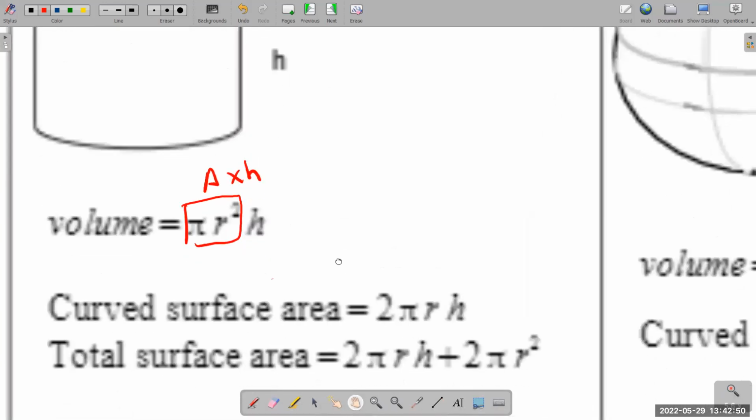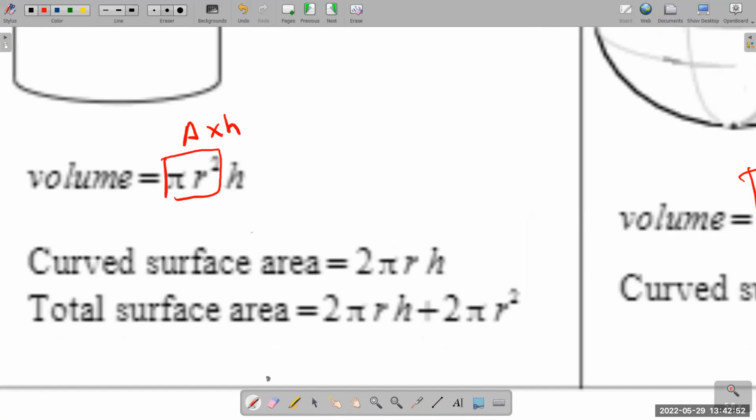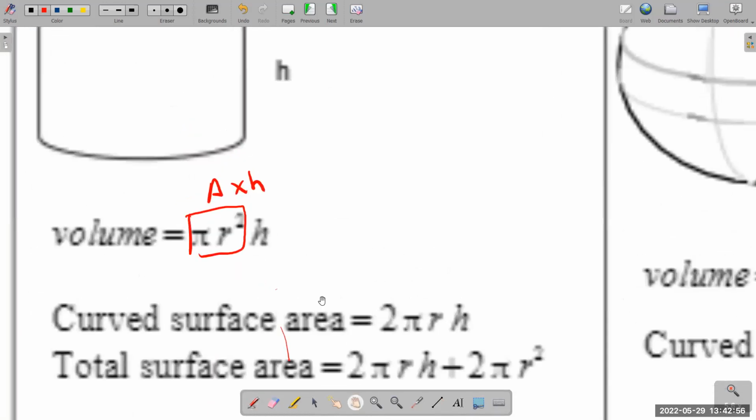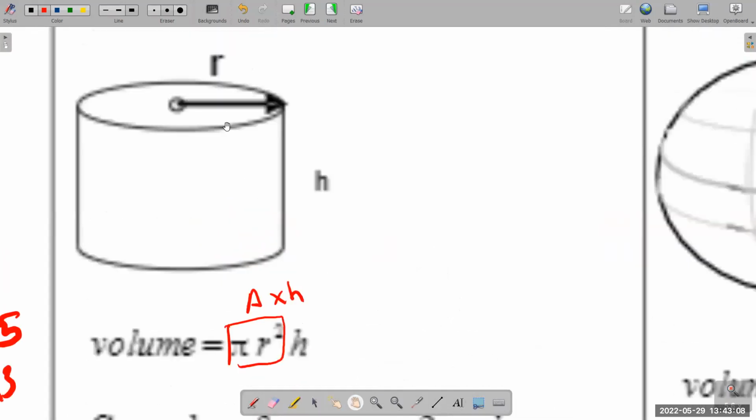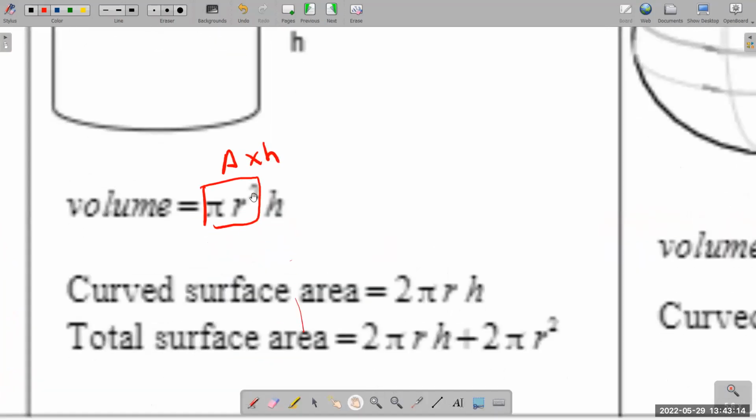How do they get that? What does 2 pi r represent? This is the circumference. Talk to me. This is the circumference, times h.